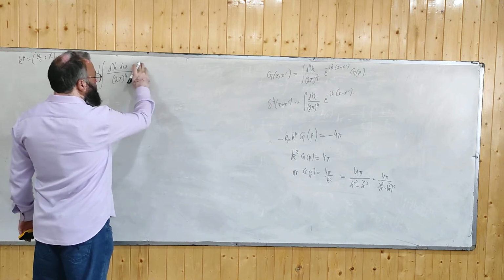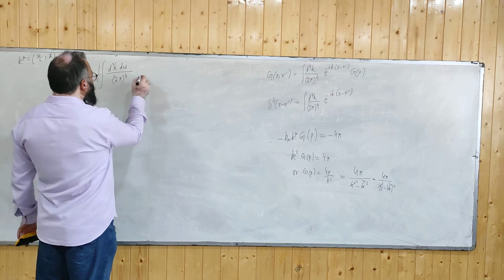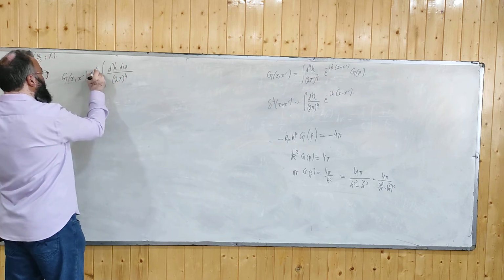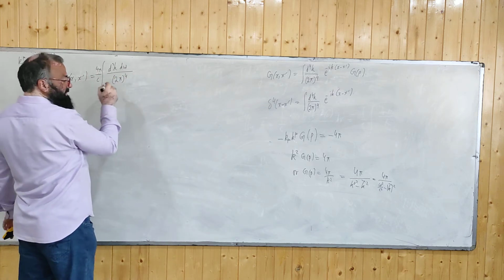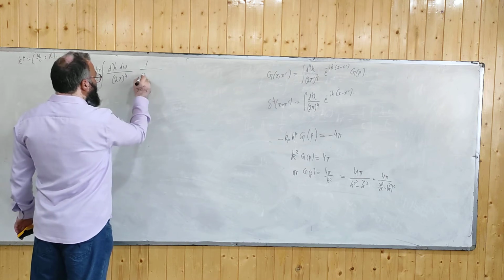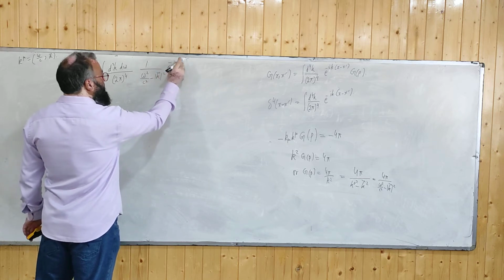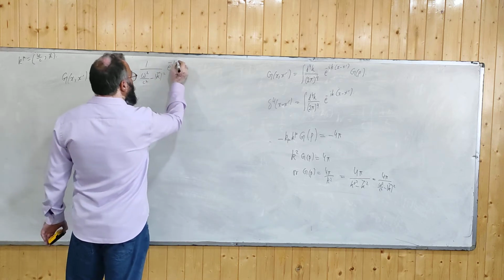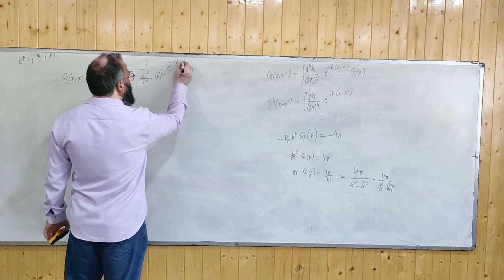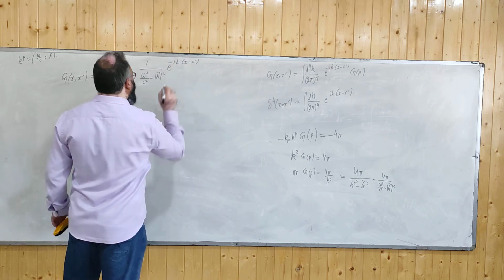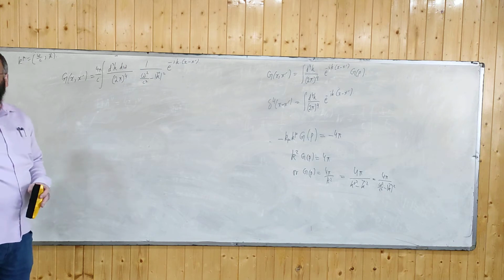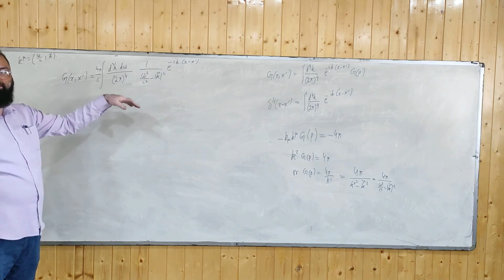E raised to the power. Let me write g of p, so what is that? 4 pi. So I'll write that 4 pi here. Then you are having 1 divided by omega square by c square minus this k square, e raised to the power minus i k dot x minus x prime for the time being. Now you are having poles of this integral.